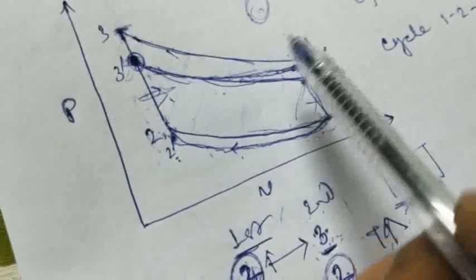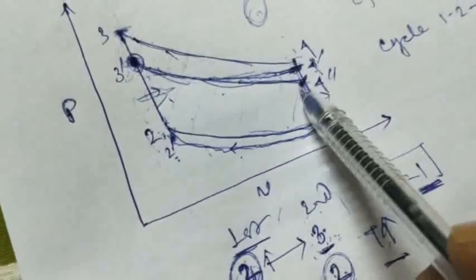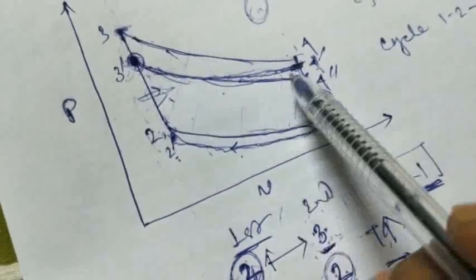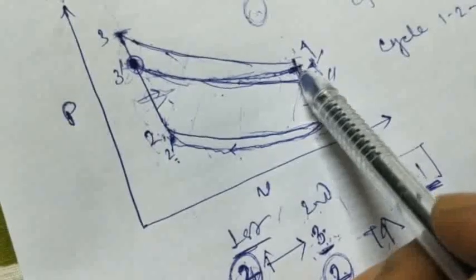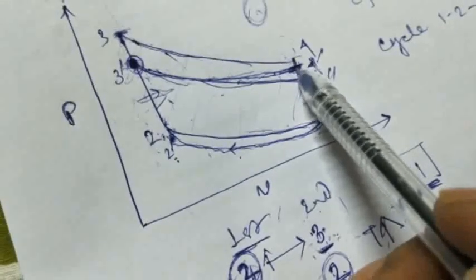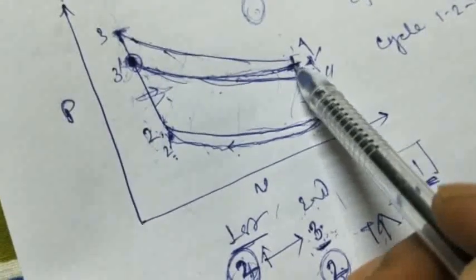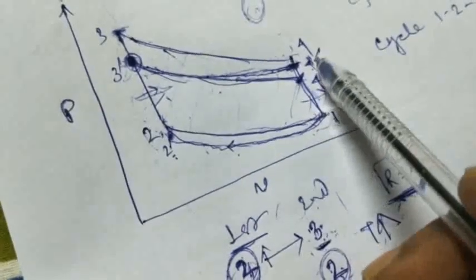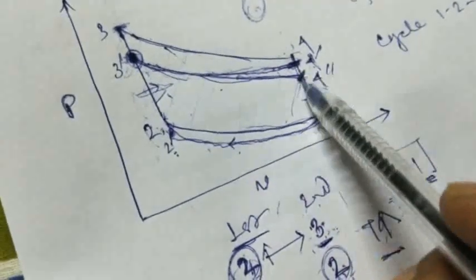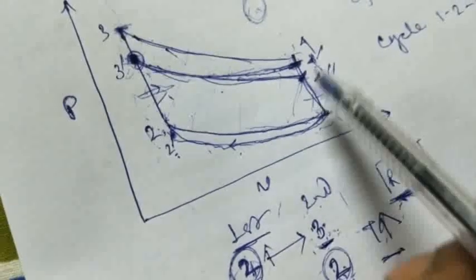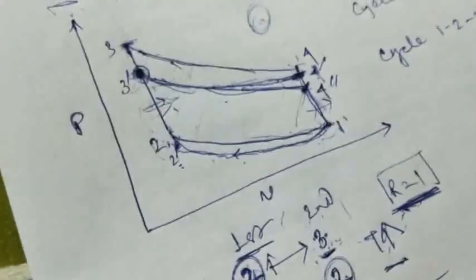That means the heat required to change the temperature is decreasing. That means for the same heat, it will reach a greater amount of temperature and pressure. Say that it will be 4 dash, and then there will be heat rejection from 4 dash to 1.